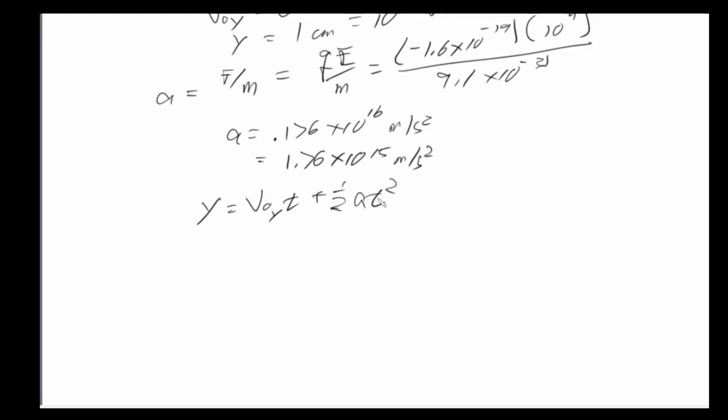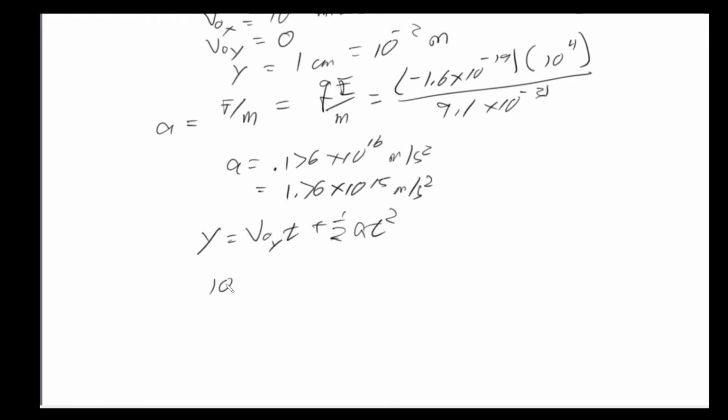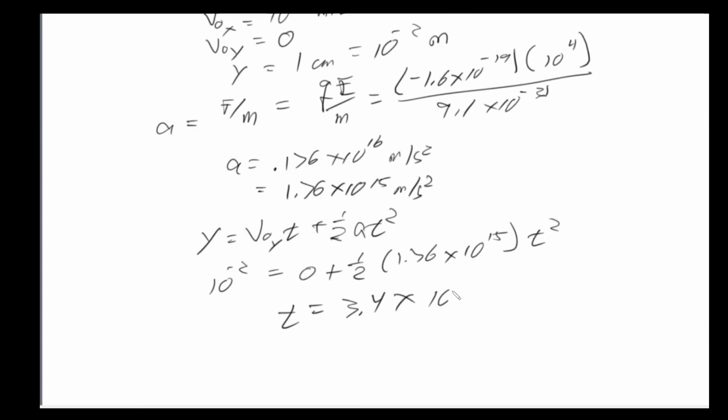So we know that y is equal to 10 to the minus 2 meters is equal to, well, v0 times t, v0 is 0, plus 1/2 a, which is 1.76 times 10 to the 15 times t squared. And again, we're looking for t.